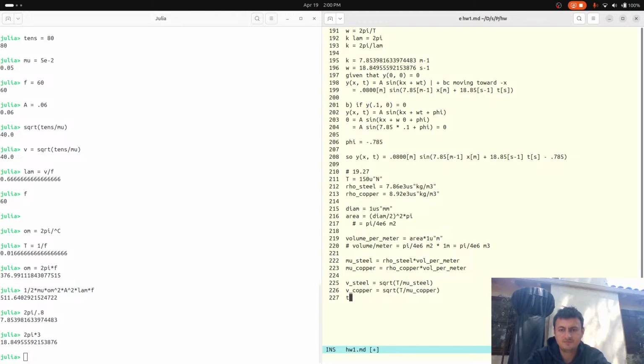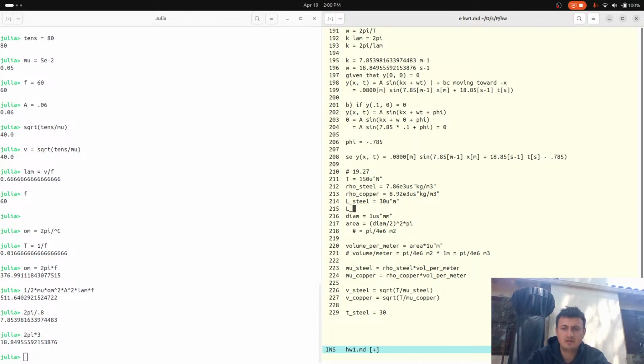Okay, then L steel equals 30 meters. L copper is equal to 20 meters.